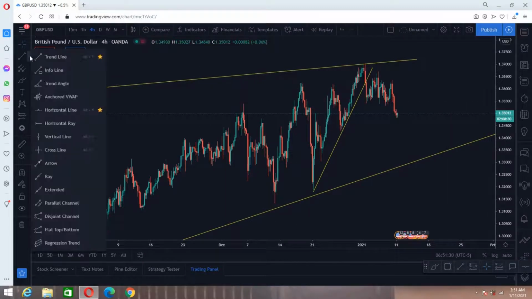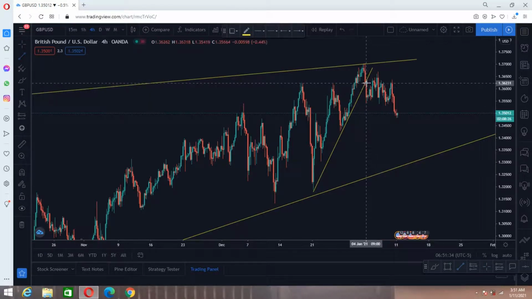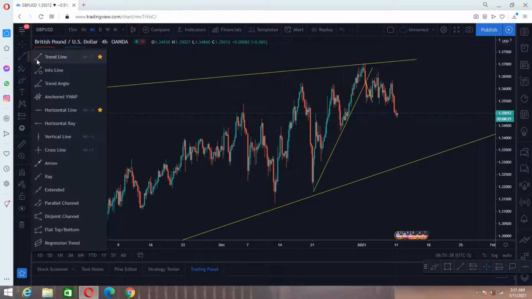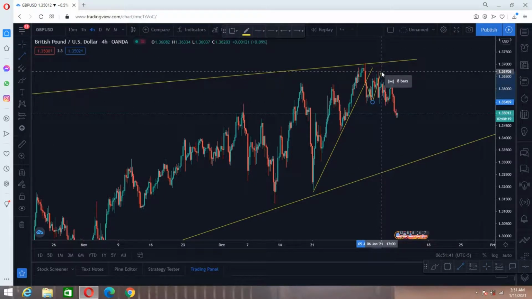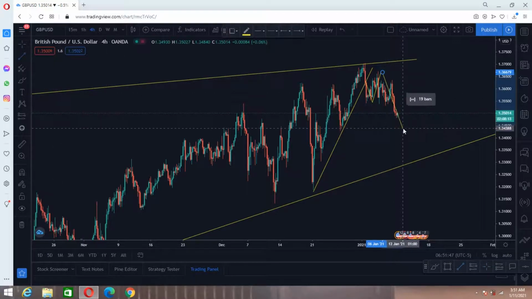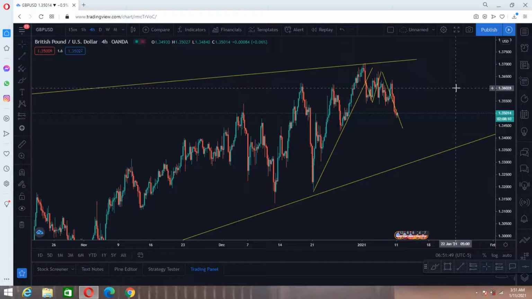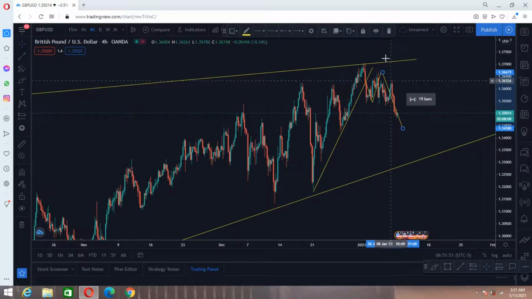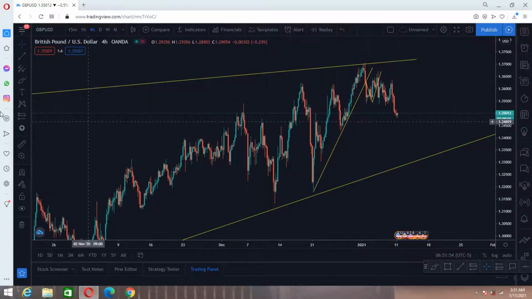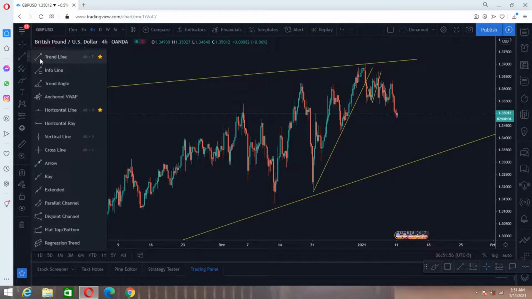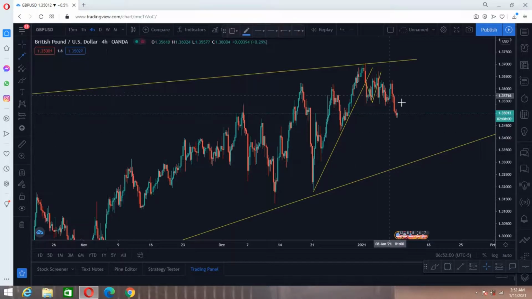As you can see here, the price broke, went for a retest, and then impulse. So as you can see, our first target is going to be here.